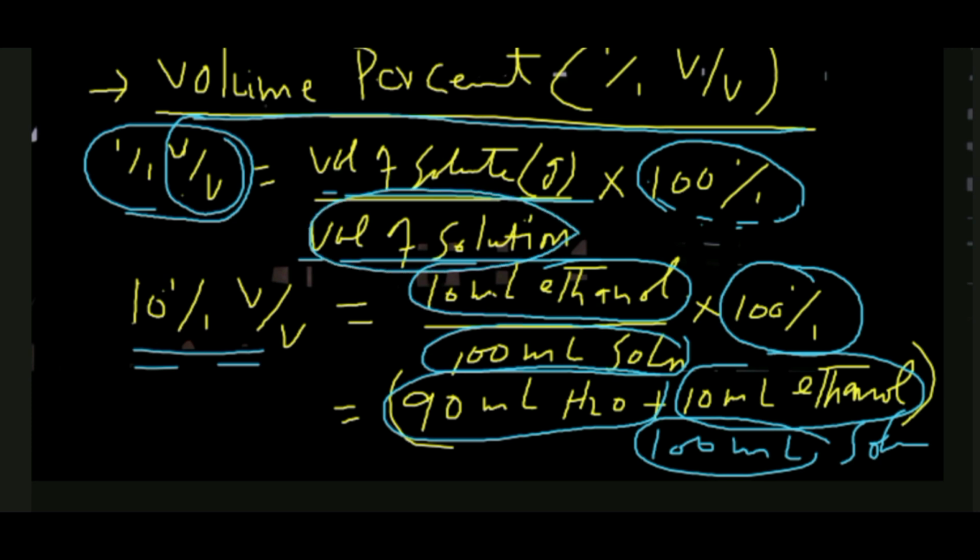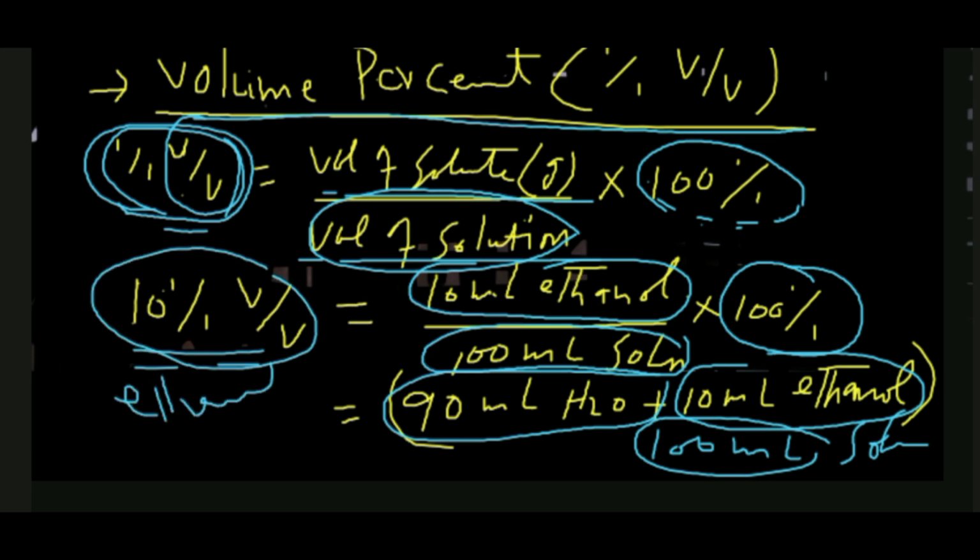So from this we can get a 10% volume by volume solution of ethanol. This is the volume by volume percent, because we have divided the volume of solute by the volume of solution. So from this we can get the volume by volume percent of solution.